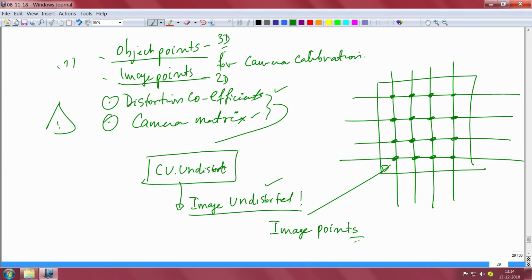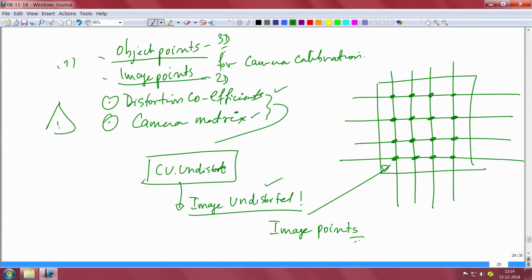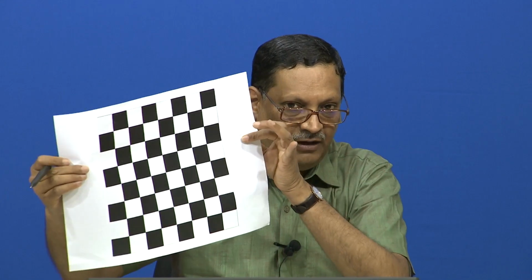Essentially, I have glossed over the whole process because it involves a lot of intricate linear algebra background, but the point really is that you will need to estimate these two: the distortion coefficients and the camera matrix. Let me show you this picture again: chessboard, red dots at these intersection points, depth information that is available.